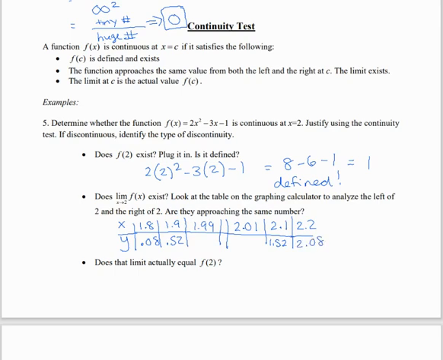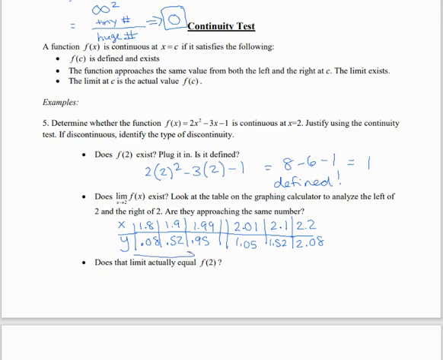And then at 1.99, I'm just fixing my table settings so I can get to a smaller value. At 1.99, I'll be at 0.95. And at 2.01, I'll be at 1.05.